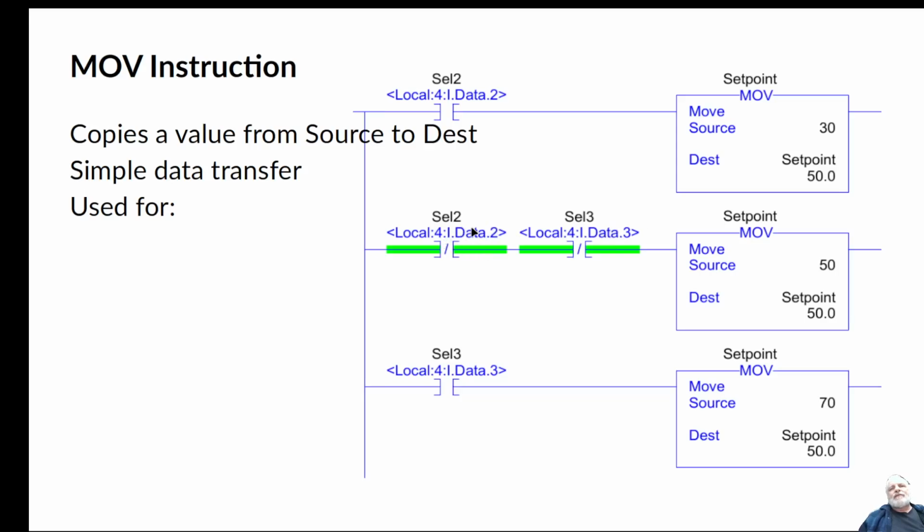And if it's in the center, then neither bit 2 nor bit 3 is a 1. They're both zeros, and so therefore it's moving 50 into the set point. So you see here set point is 50. That's because this middle rung is the one that's currently active, meaning the selector switch is in the center position.